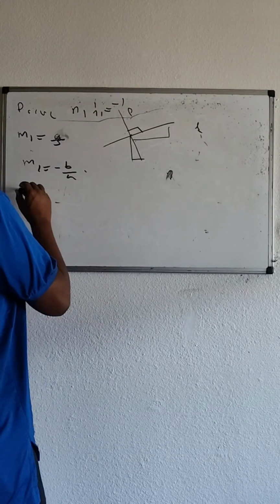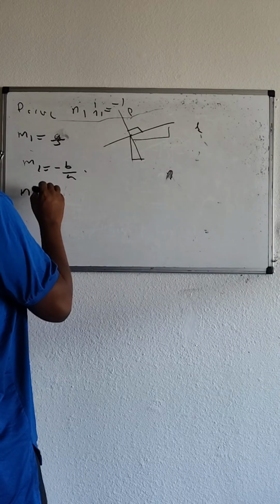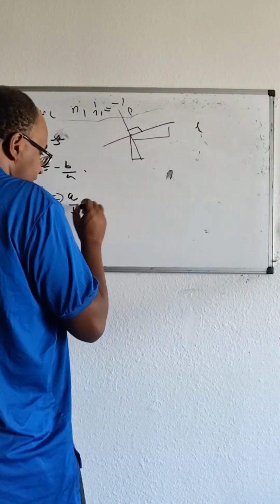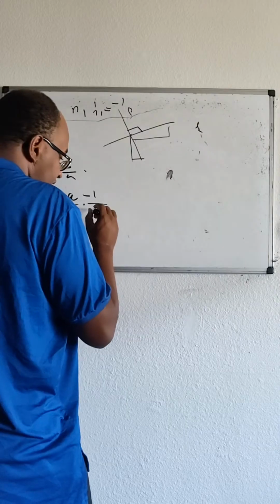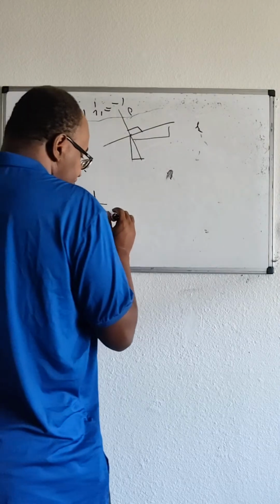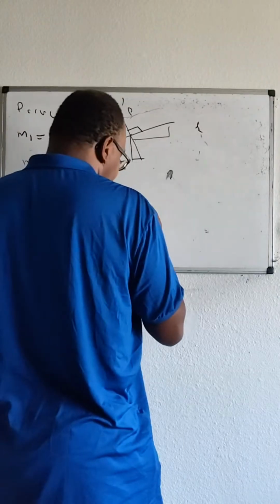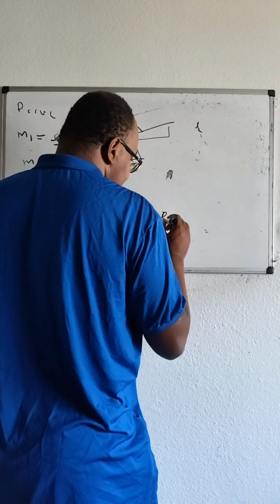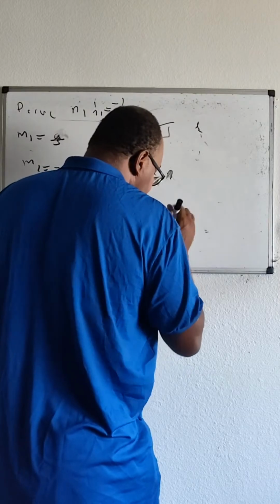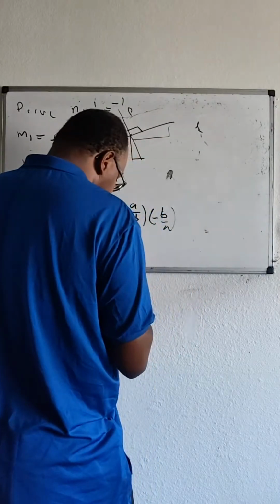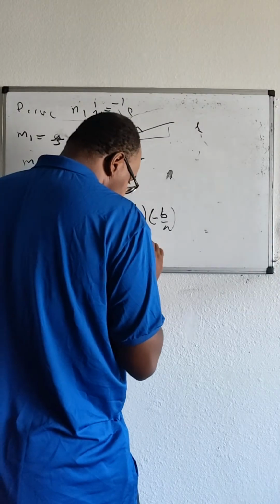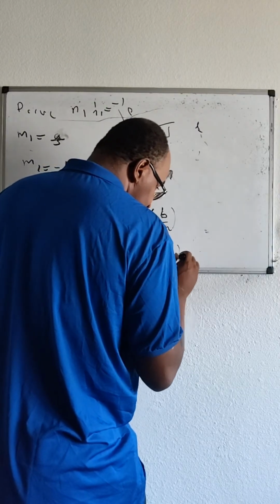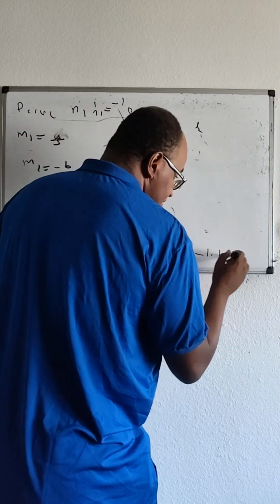So now we'll go straight ahead. So M1 times M2, which implies A over B times the negative B over A, which implies the negative of the whole thing, so we got A over A, we got B over B, which equals negative 1 times 1, which equals negative 1.